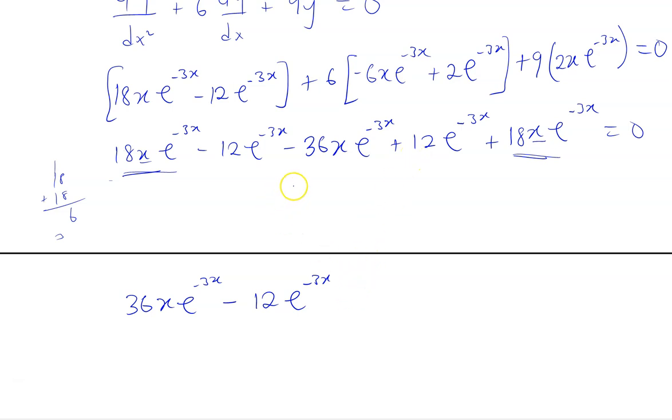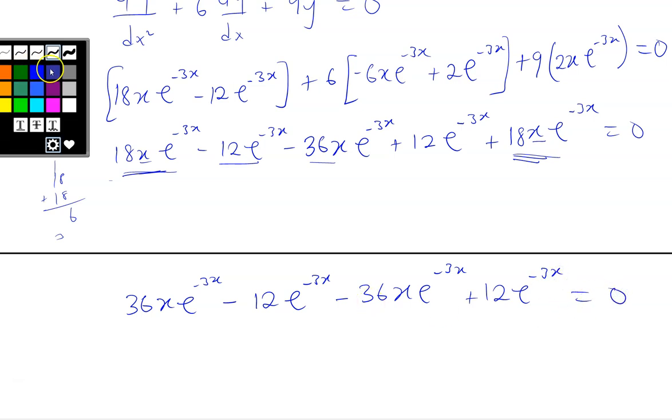plus. I've written this and this as one term, and I'm just repeating the rest. So I have this one, then I can write this minus 36x e^(-3x), then plus, that's the last one, 12e^(-3x), is equal to 0.